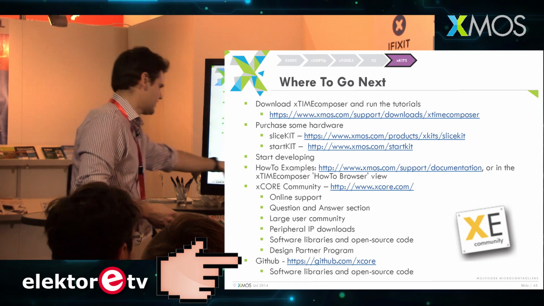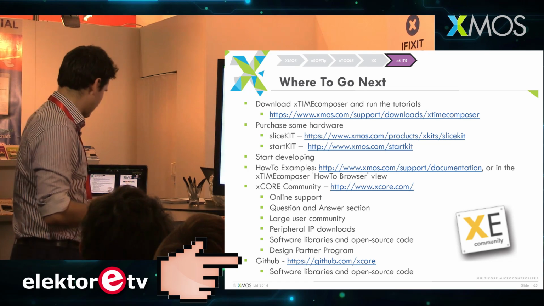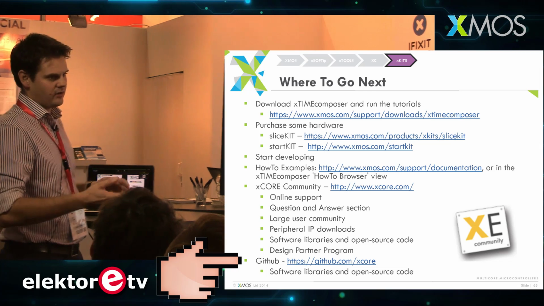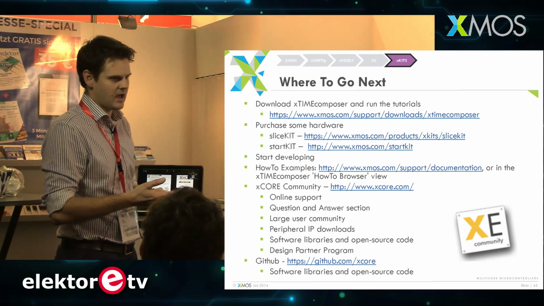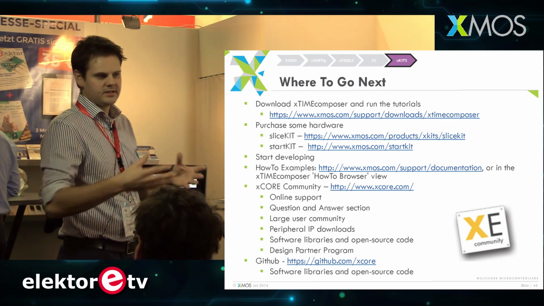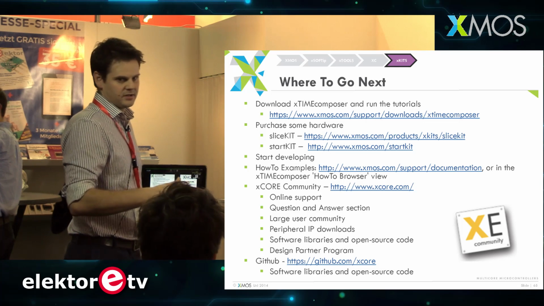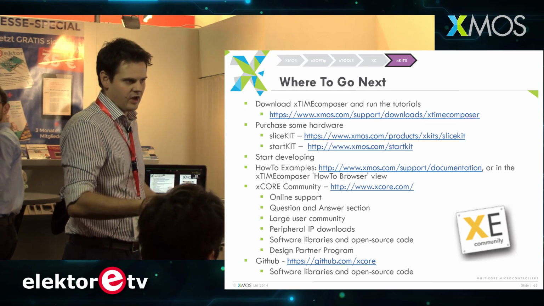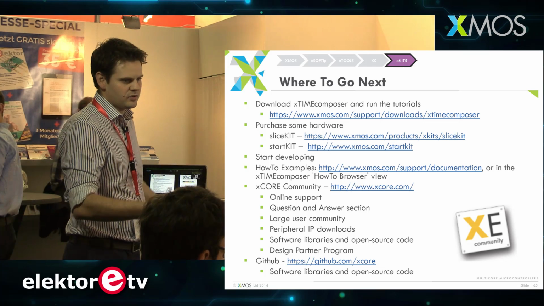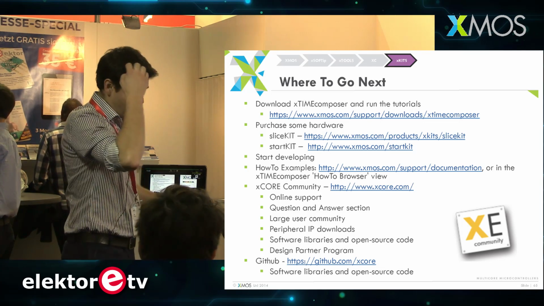In addition to that, we have a GitHub repository which has a lot of code, DSP functions, and an SD card interface that the community has put together. It's not verified by XMOS, but it's code that you can use, evaluate yourself, and work with.